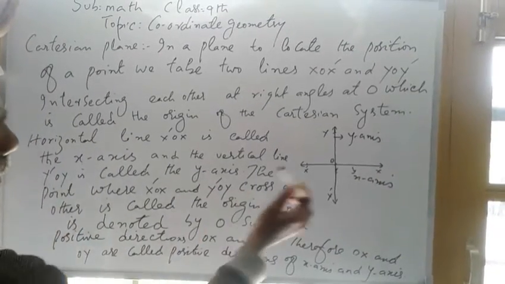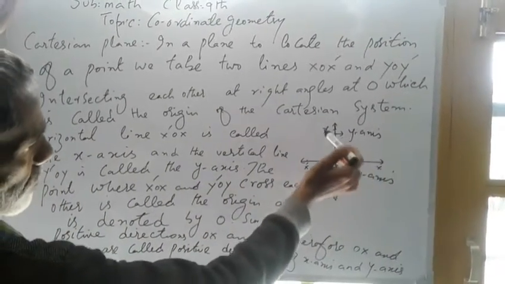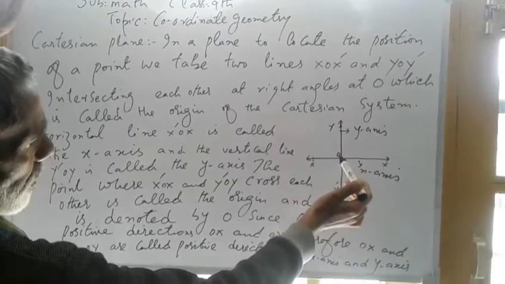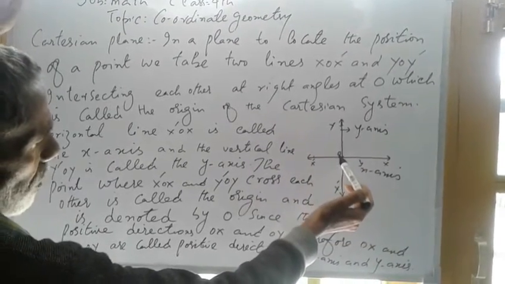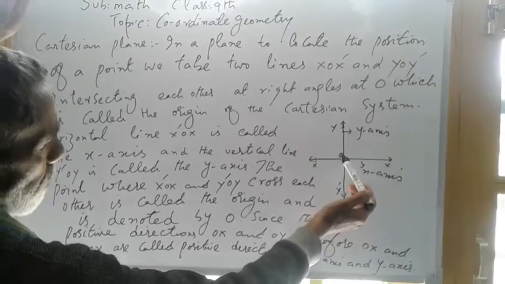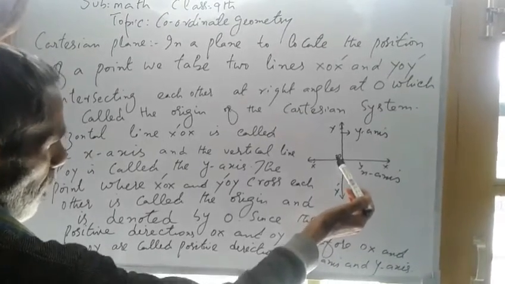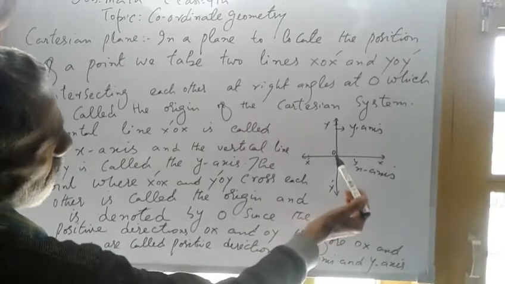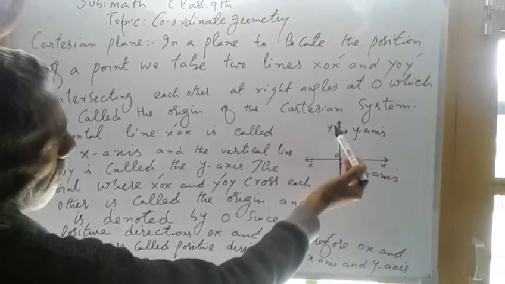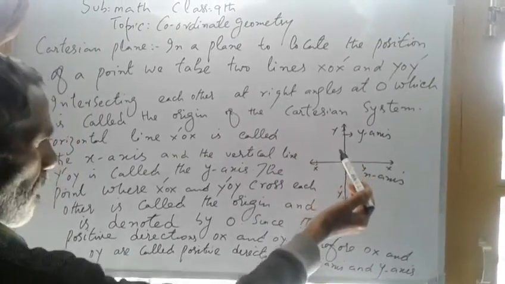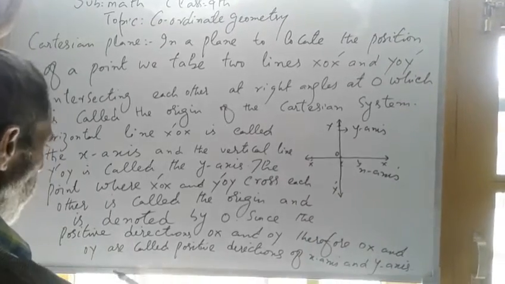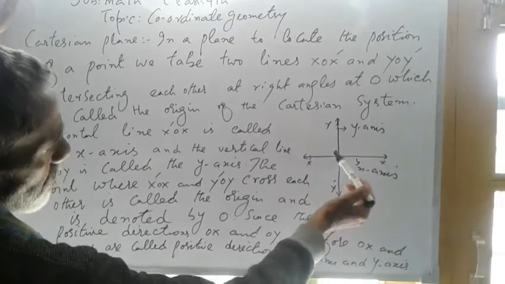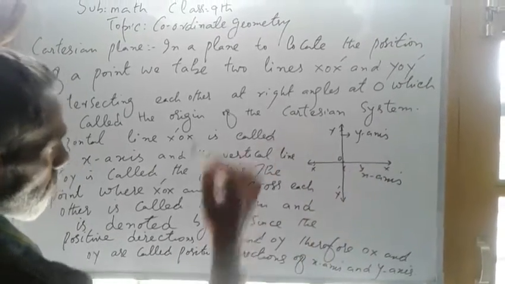The point where X'OX and Y'OY cross each other is called the origin, which is denoted by point O. Since OX and OY denote the positive directions, they are called the positive directions of the x-axis and y-axis.